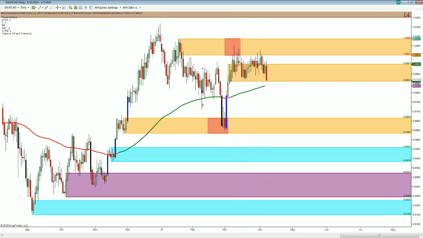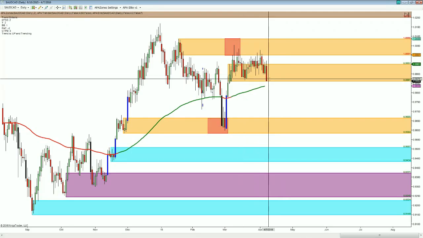It looks like it could be breaking to the downside today as price is retesting that low point, and actually the low point of the zone right now. That looks to be the interesting thing going on at this very minute in this particular market.